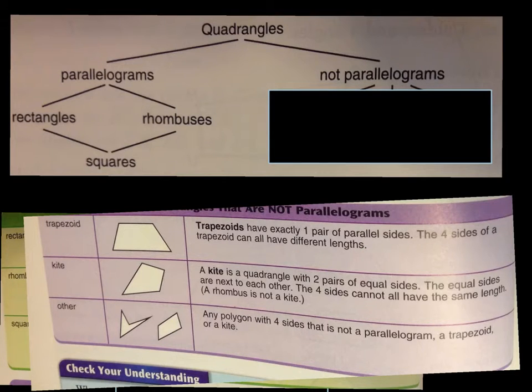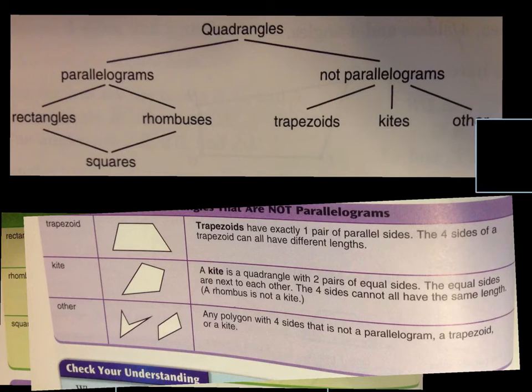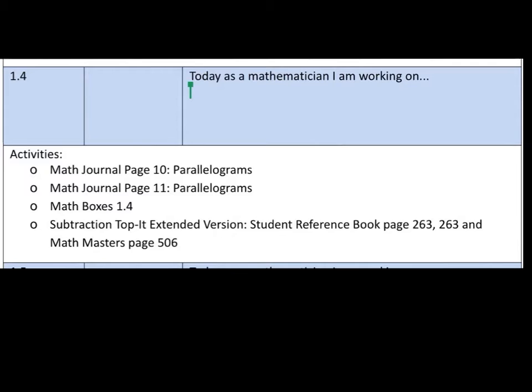They don't have to be the same length, but you can see here the pair of parallel sides. The kite is a quadrangle with 2 pairs of equal sides, and the equal sides are next to each other, so these are equal and these are equal. The 4 sides cannot all have the same length, otherwise it would be a rhombus. And then other are any other polygons with 4 sides that are not a parallelogram, a trapezoid, or a kite. And we can see that up here, the types that are not parallelograms.